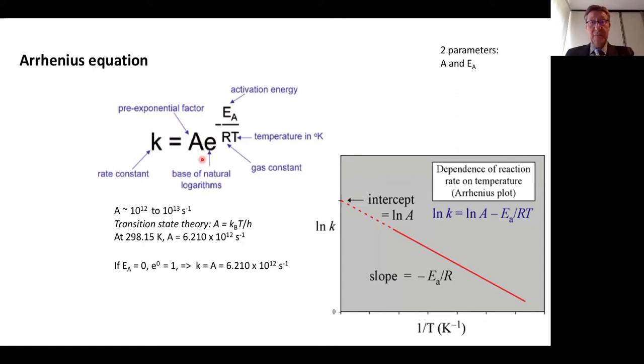If we plot the natural logarithm of the rate versus 1 over the temperature, then the slope gives us the activation energy. Basically, the Arrhenius equation contains two parameters, the pre-exponential factor and the activation energy.